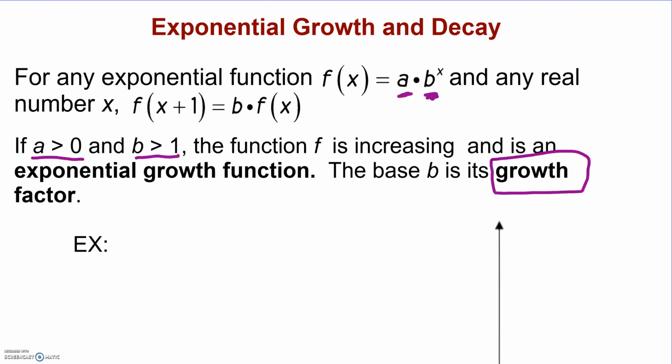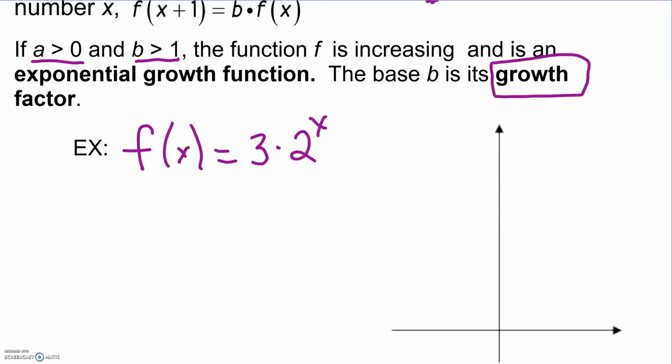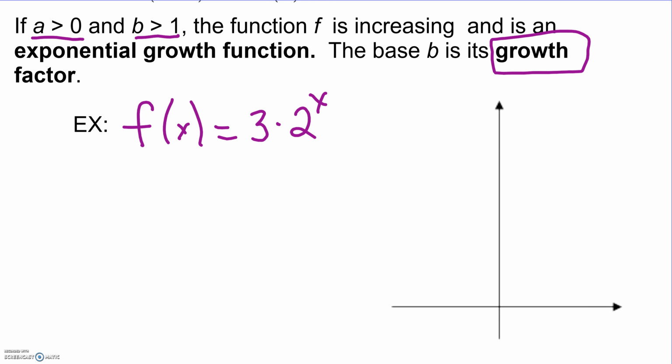So let's put those in over here. An example of exponential growth would be f of x equals 3 times 2 to the x, which is the growth function we came up with on the previous page. Then, let's think about what the graph of that would look like.